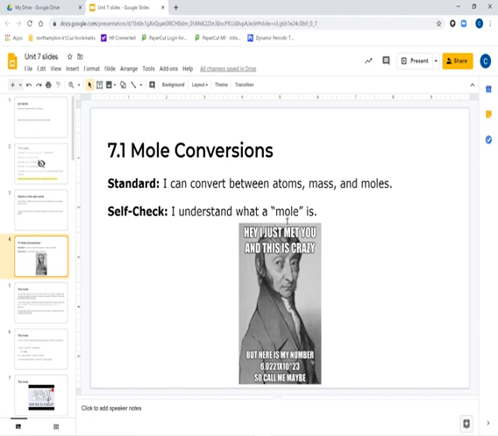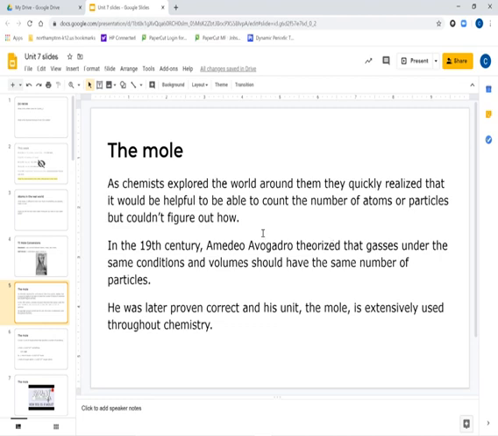Now you're probably wondering, what is a mole? It's not the fuzzy little thing, because we're talking about chemistry, obviously. It's a unit that we came up with as scientists realized it would be helpful to understand how many of something we have.